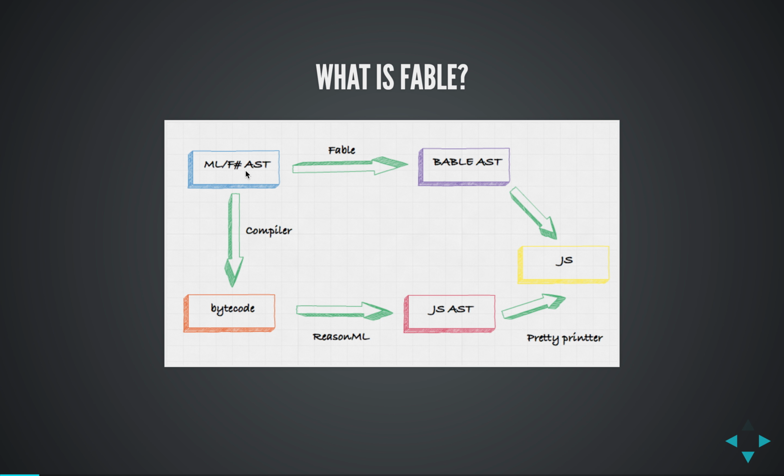The other route that ReasonML takes is to use the OCaml compiler and go all the way and compile to bytecode, and then through some intermediate language translate that to a JavaScript abstract syntax tree that then gets translated to another final JS AST, which gets pretty printed to JavaScript.